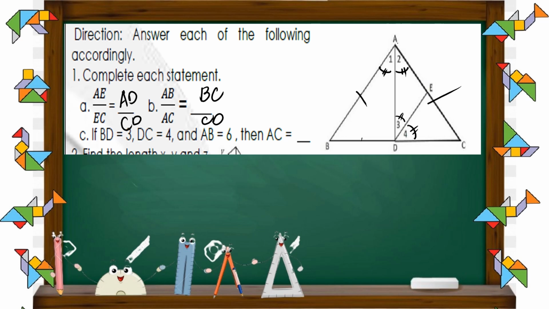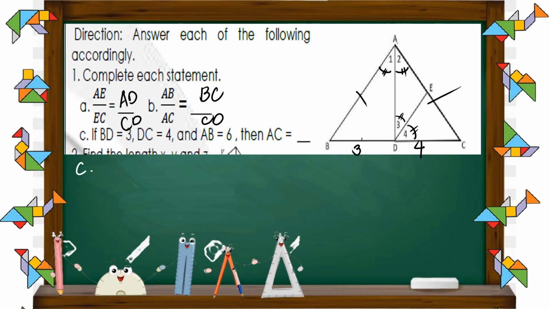Then we have another question, that's question letter C. If the value of BC is 3, let's write the given. The value of BC is 3. BD pala is 3, sorry for that one. Then the value of our DC is 4.